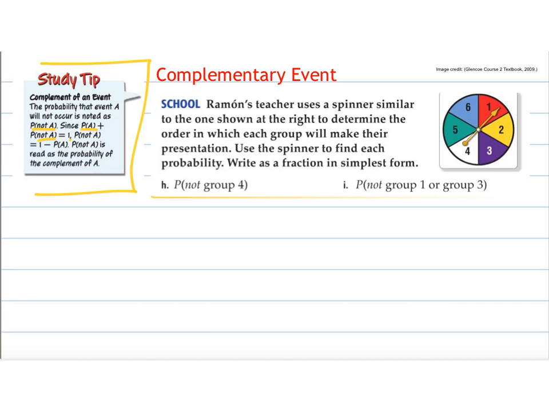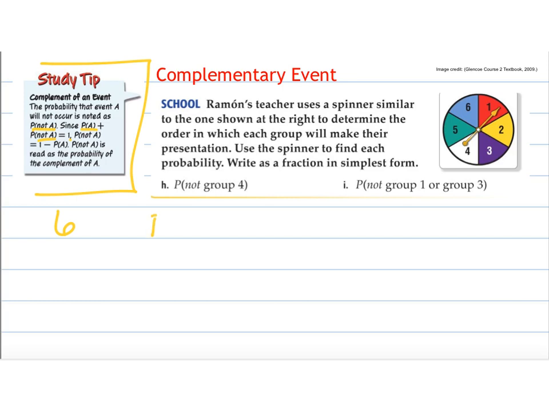So Ramon's teacher is using this spinner similar to the one we see, and we are going to figure out the probability for each event and then write it as a fraction in simplest form. So again, you can do a couple ways. Looking at this, we have a spinner 1 through 6, and they're all equal parts. So that means that the probability of not getting a 4, okay, so thinking if I don't get a 4, if there are 6 outcomes and I don't get a 4, which is one of the choices, I'm going to be left with 5 other choices.